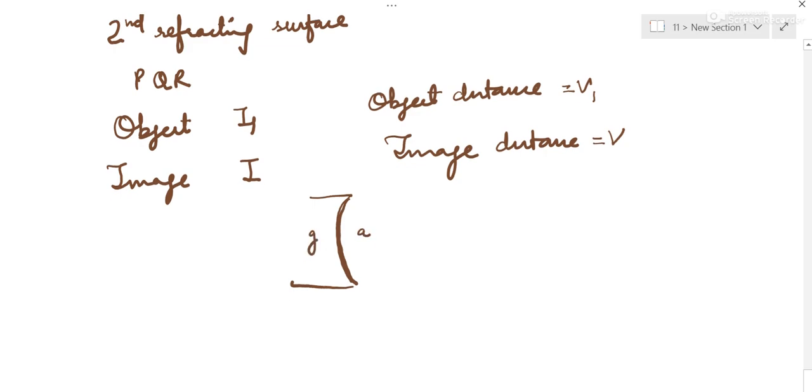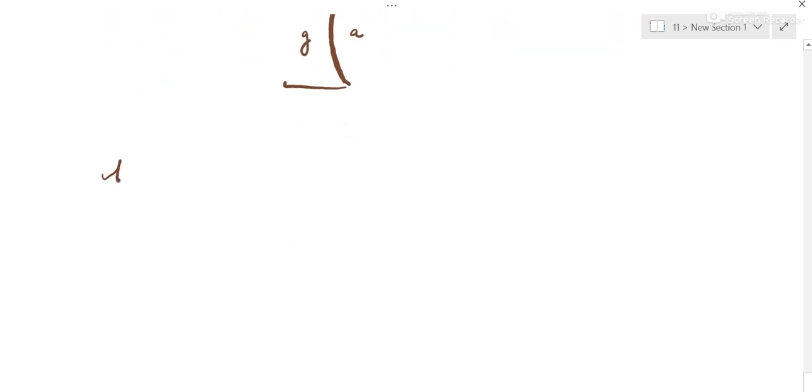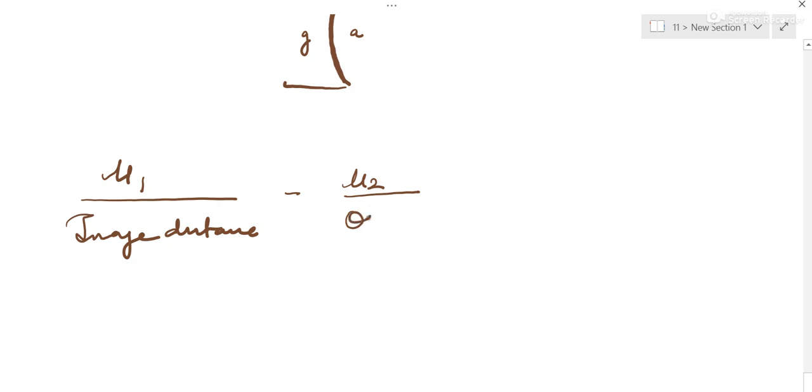So what is the formula? mu1 by image distance minus mu2 by object distance is equal to (mu1 minus mu2) by radius of curvature.